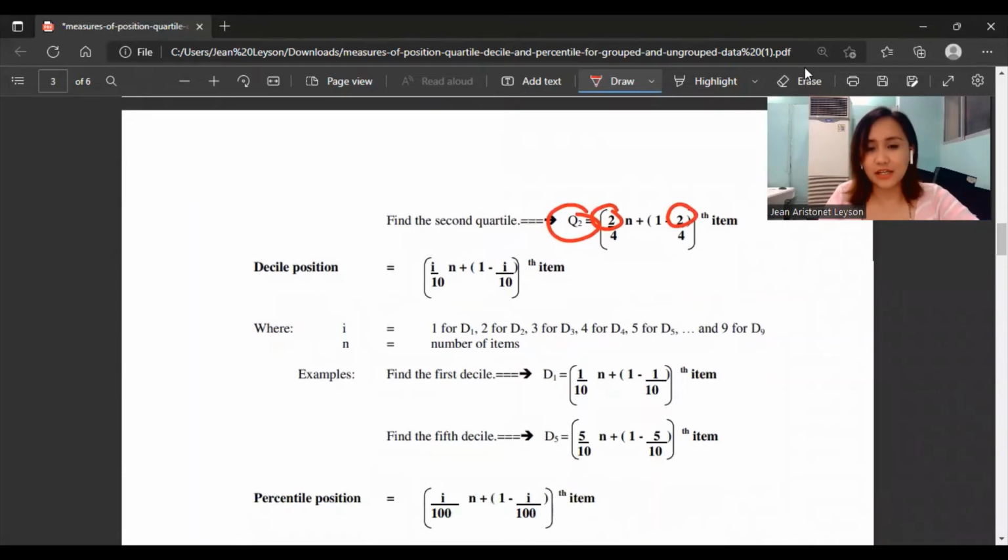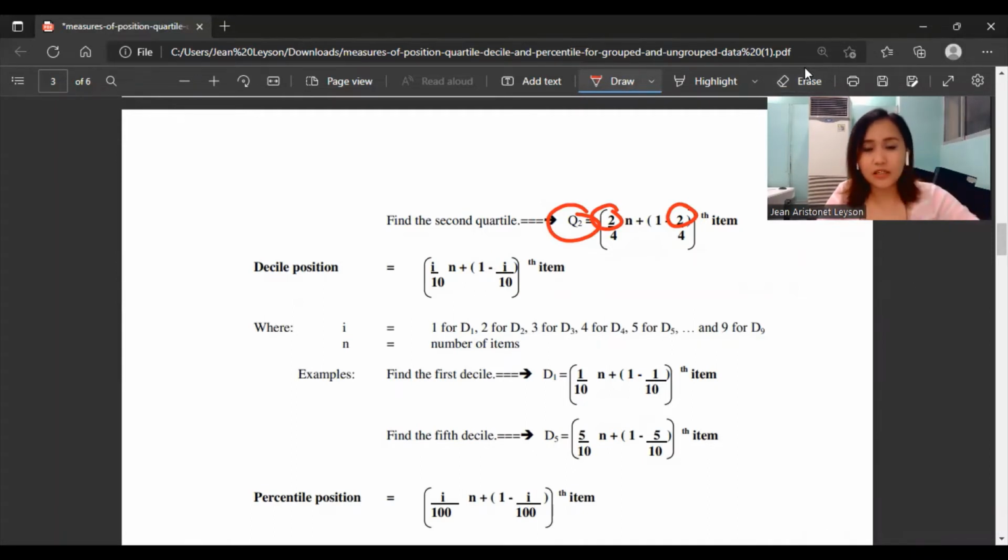Whereas for the decile, the difference is that the denominator now is 10, since, again, decile divides the distribution into 10 equal parts. Still the same formula, actually. The only difference is the denominator, the indicator as to what type of quantile we are solving for.